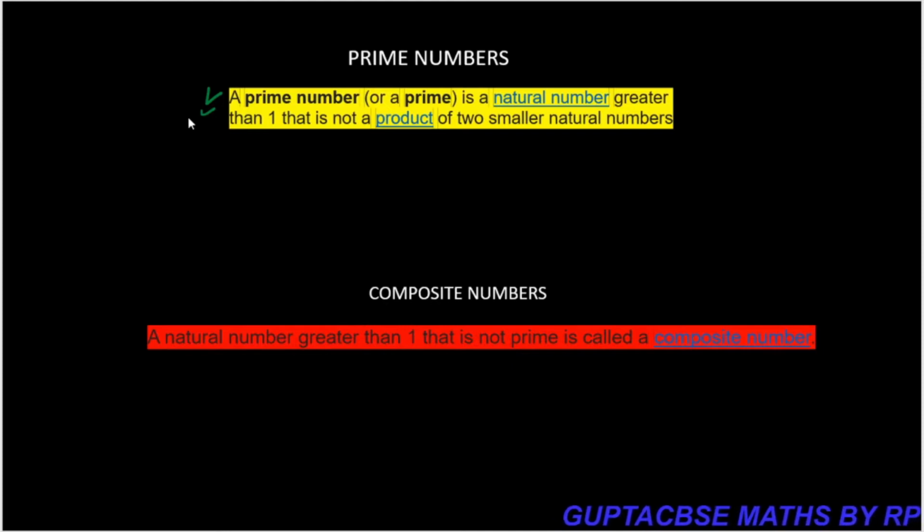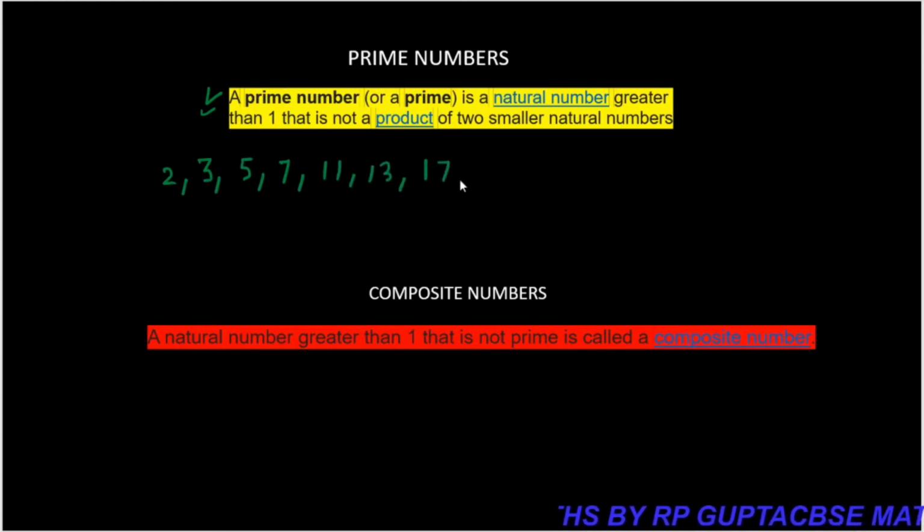What is the meaning of prime number? A prime number is a natural number greater than 1 that is not a product of two smaller numbers, like 2, 3, 5, 7, 11, 13, 17, 19.